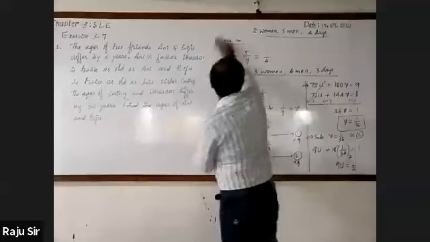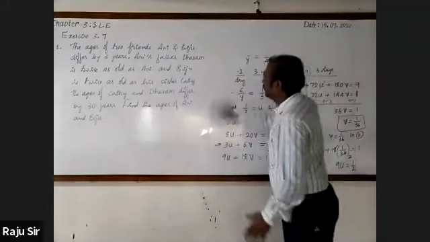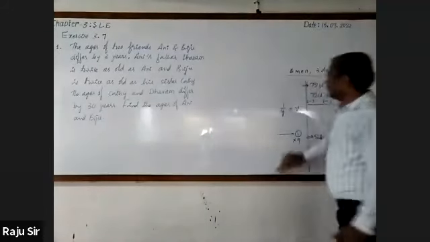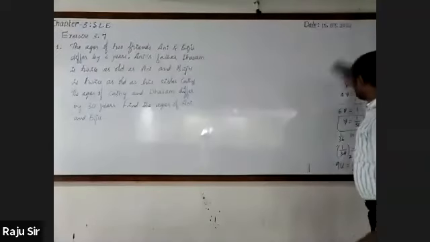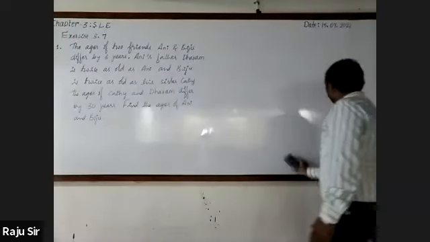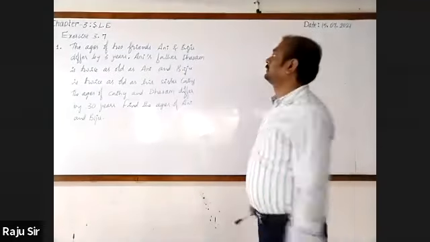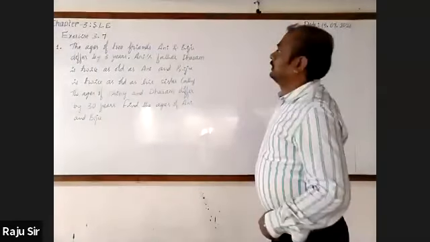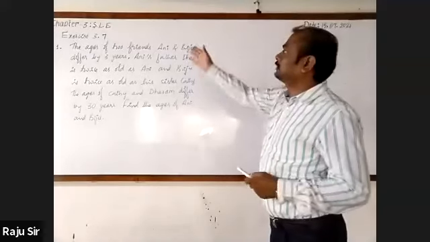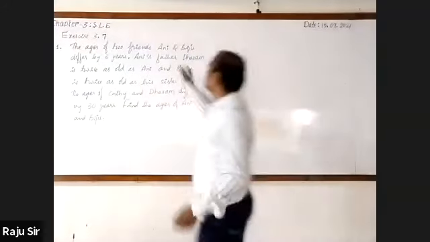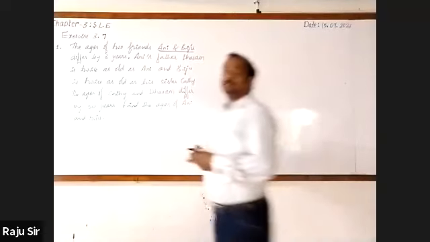Once you go through the statement you will come to know the persons that are there in this statement. Please go through this once. Here they are given the ages of two friends. One is Ani and second one is Biju.